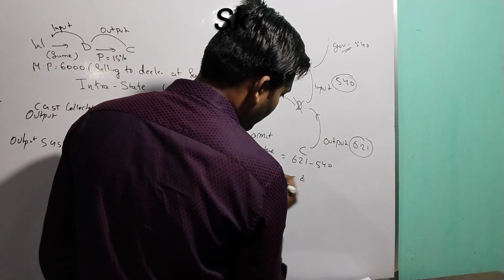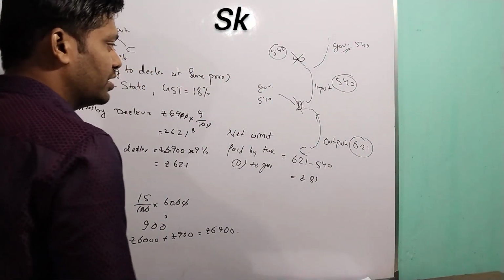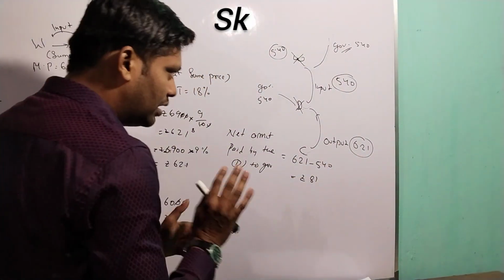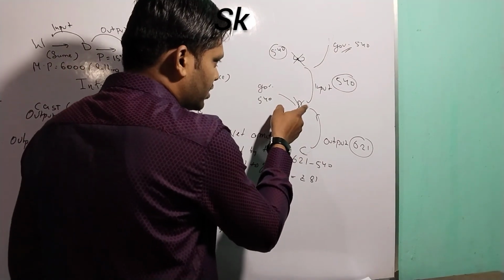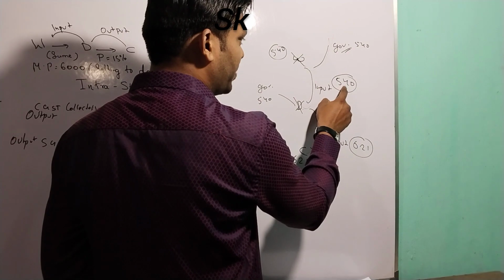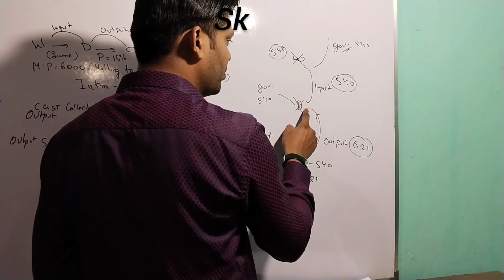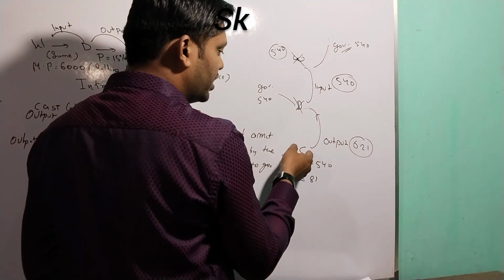So how much is the amount he has to pay? 81 rupees. Or you can say directly this amount, because ultimately you think this person is buying the goods. He's paying 540, again he is keeping some profit margin, again he is selling, so he has to pay.